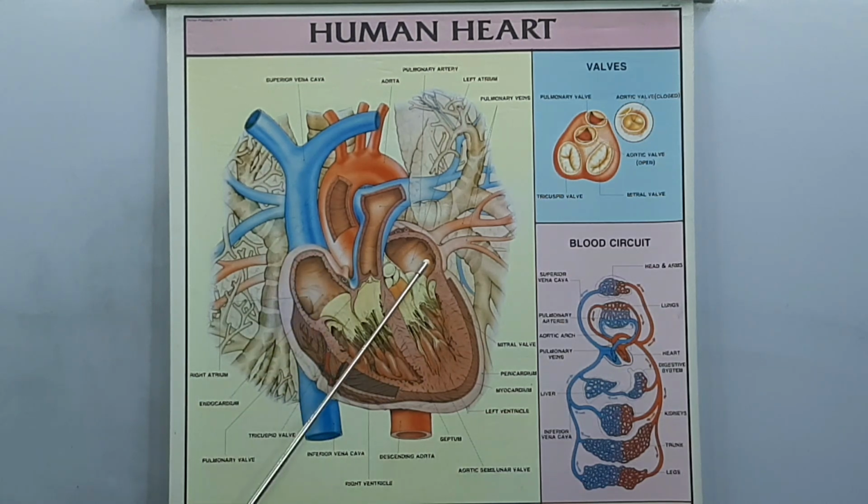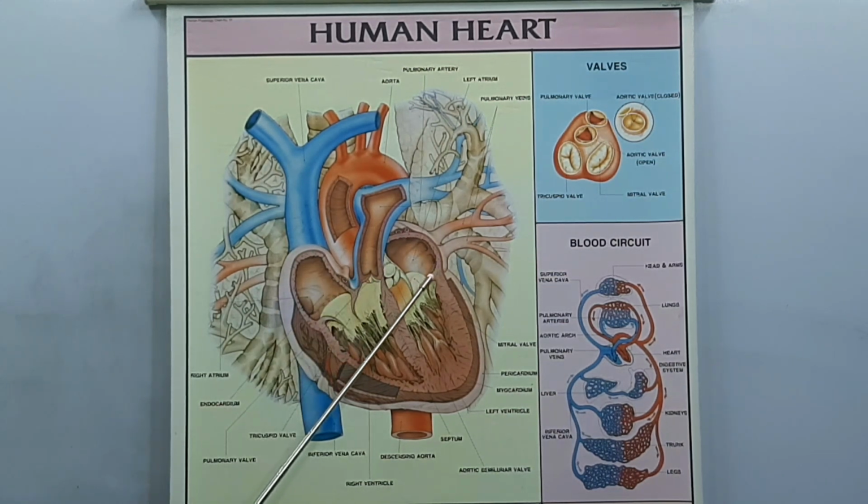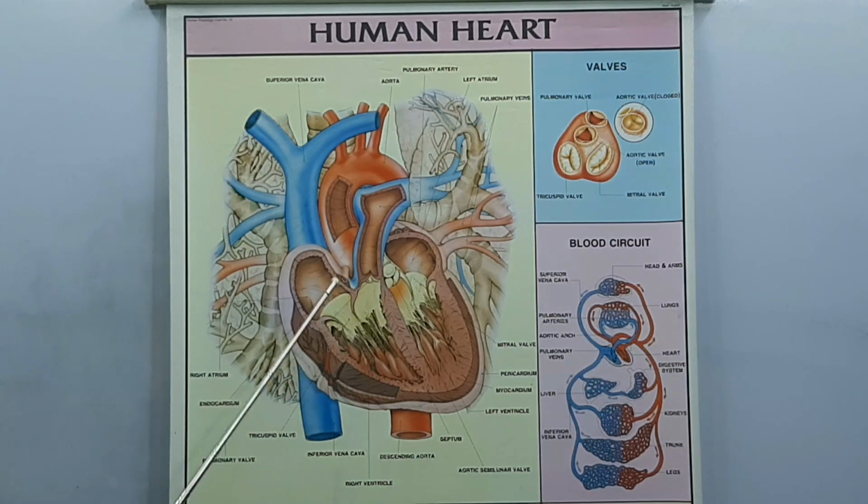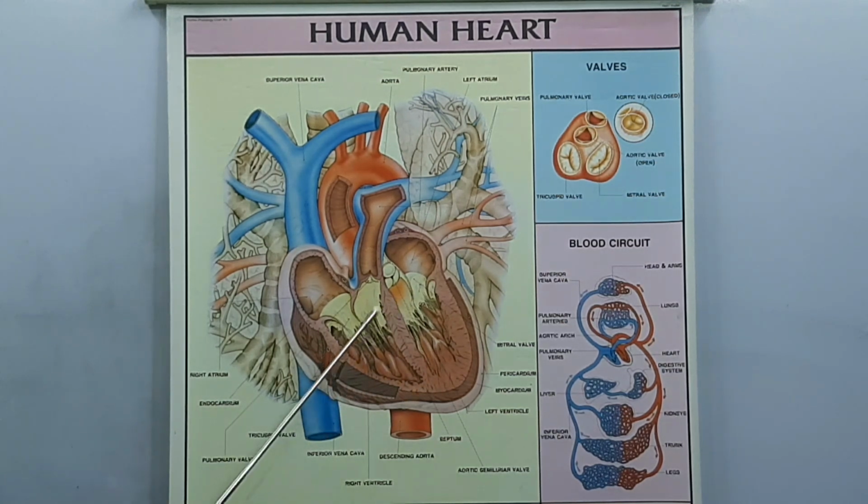The upper chambers are known as auricles, and these auricles have thin walls because they pump blood to the very next part of the heart, which are known as ventricles. Now, this is the right ventricle and this is the left ventricle.